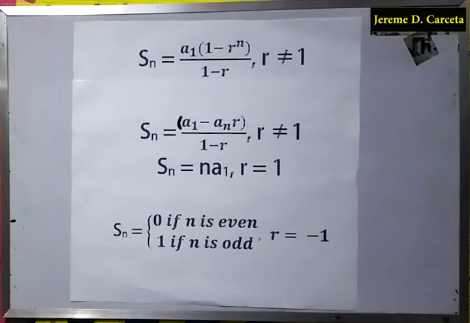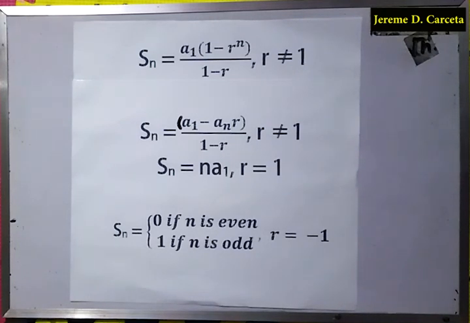And if our r is negative 1, let's say we have 5, negative 5, 5, negative 5, we have alternating signs, positive, negative, positive, negative. So that is why our r becomes negative 1.